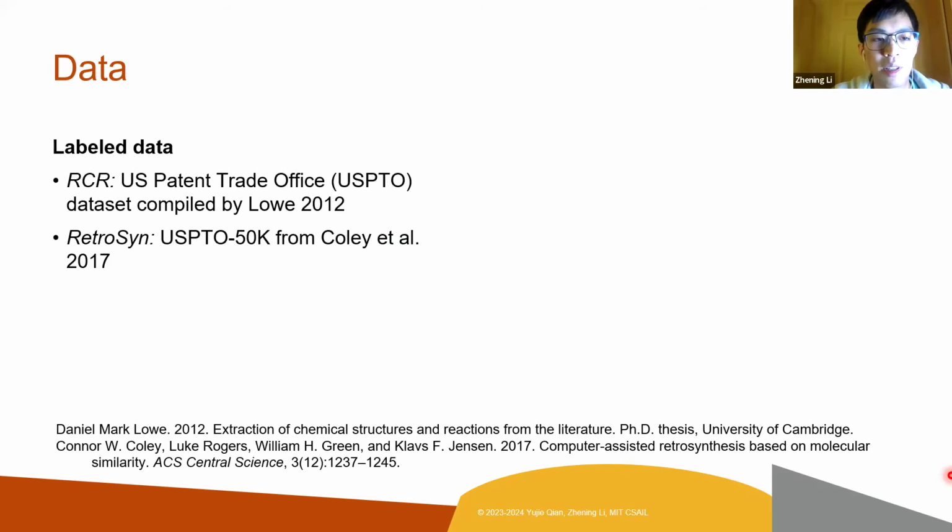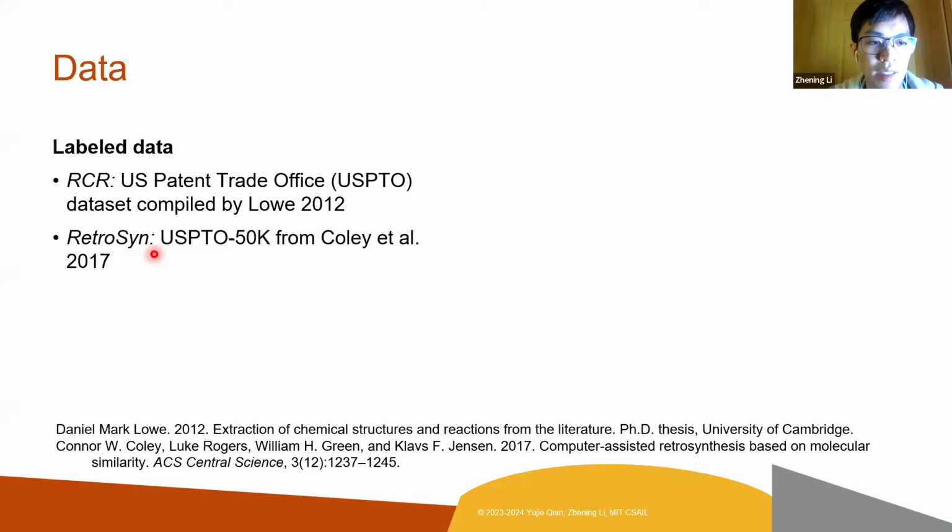So for the training data, we will have two kinds of training data. One is labeled data, where we have inputs and their corresponding ground truth labels for our respective chemistry prediction tasks. And the other kind of data is going to be the unlabeled text corpus. So the labeled data we will take data compiled by Lowe 2012 in his PhD thesis, compiled from the US Patent Trade Office, also known as USPTO.